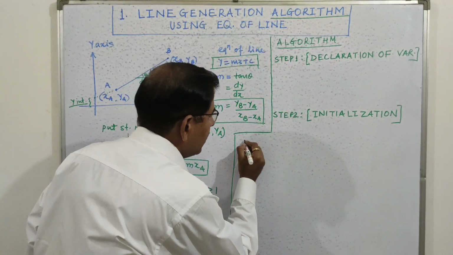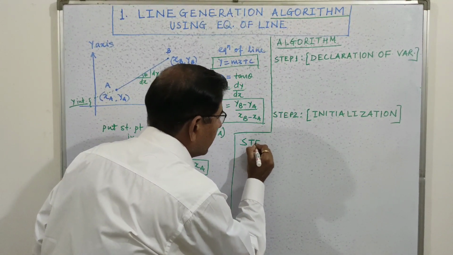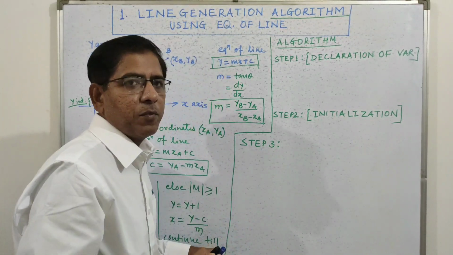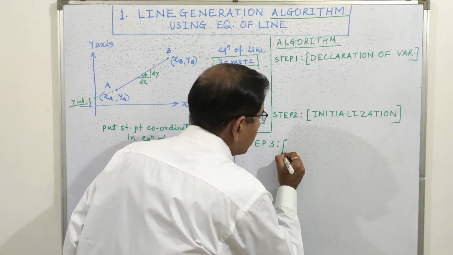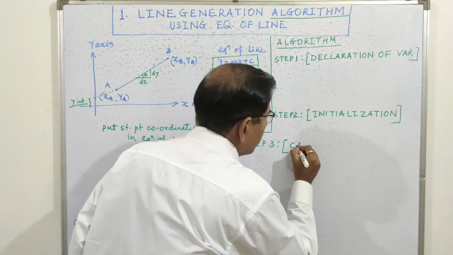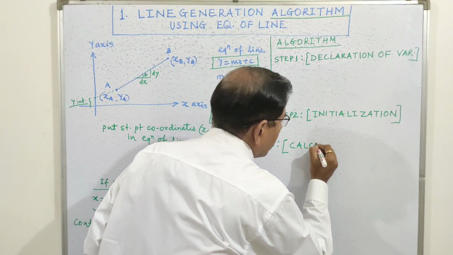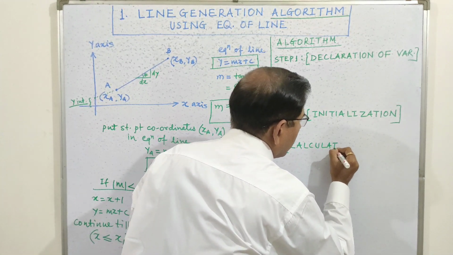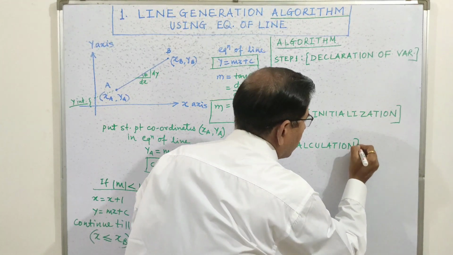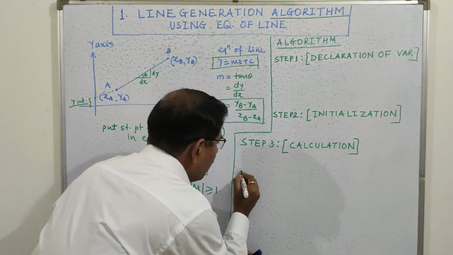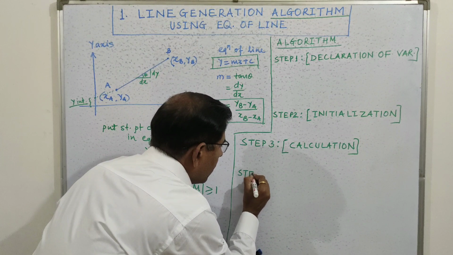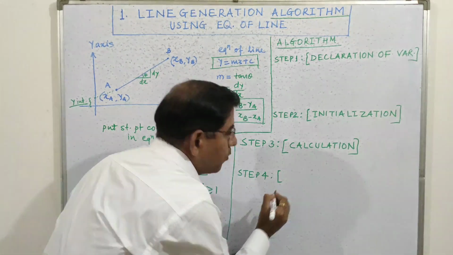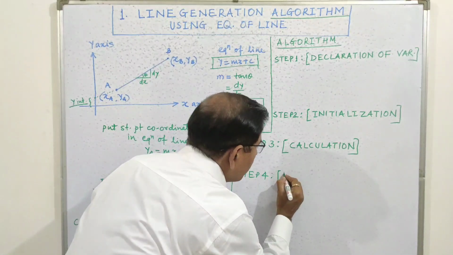Step number 3 is calculation. Step number 4 is plotting pixels.